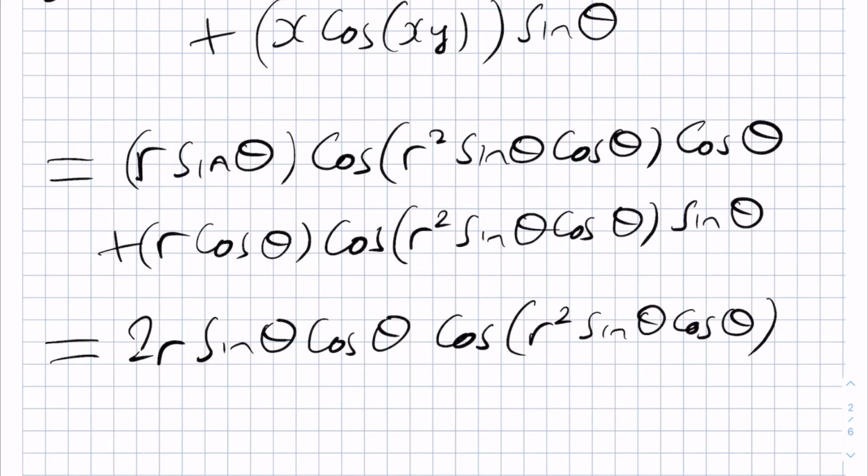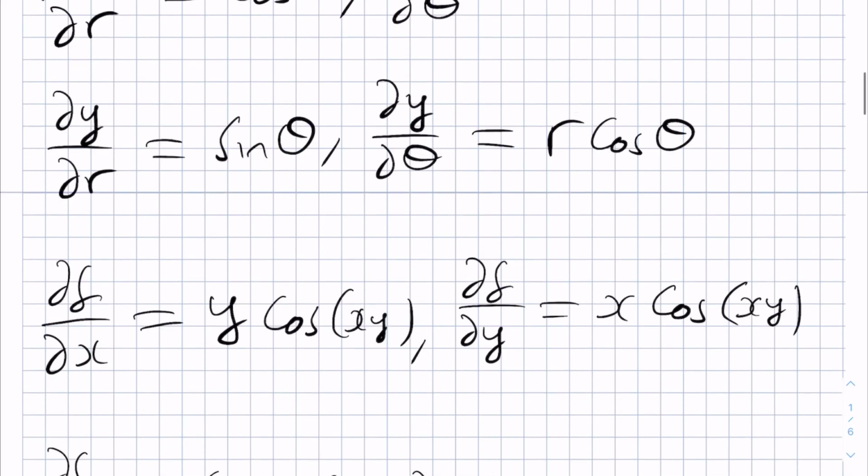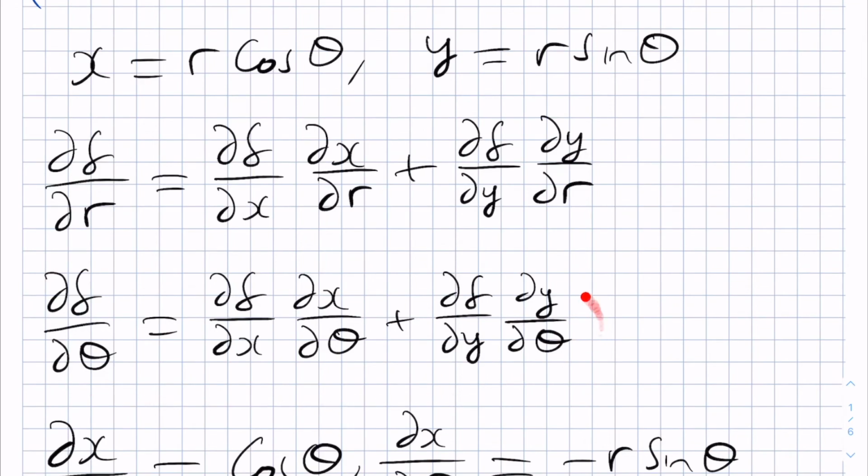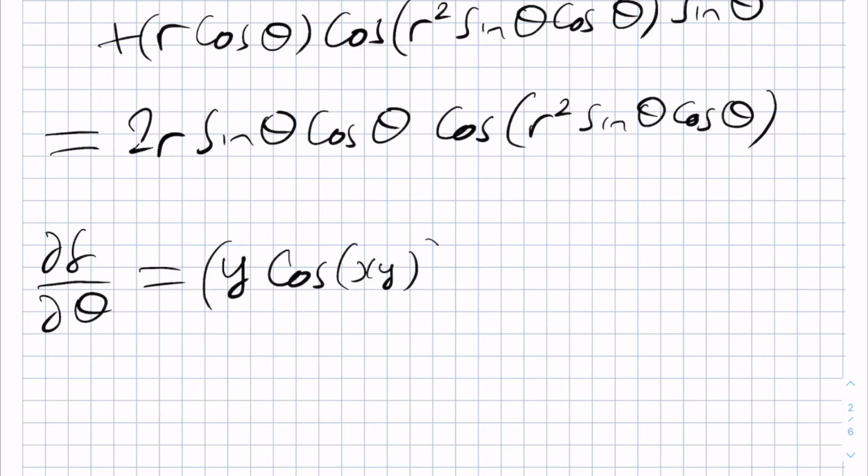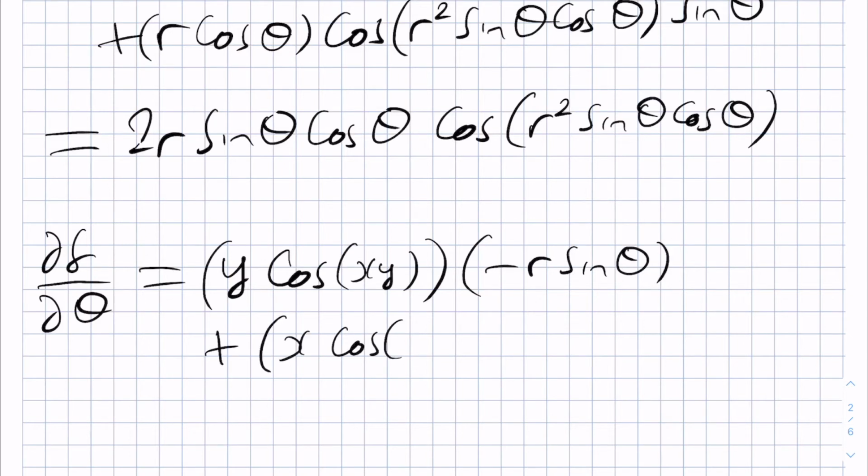Now, let's do the same for ∂f/∂θ using this chain rule here. We get, slightly faster, ∂f/∂θ is equal to y cos xy multiplied by minus r sin θ plus x cos xy multiplied by r cos θ.